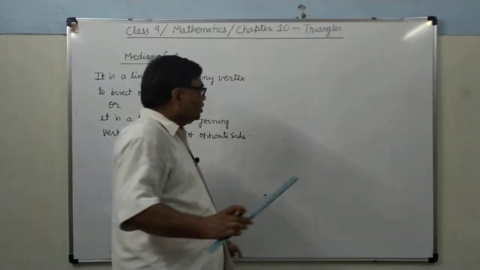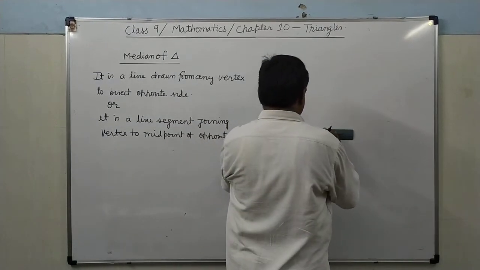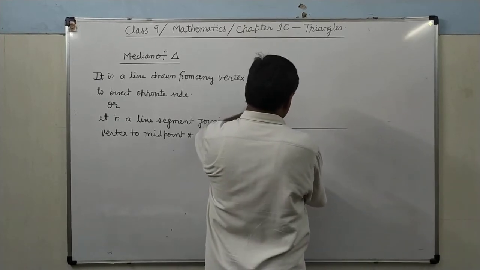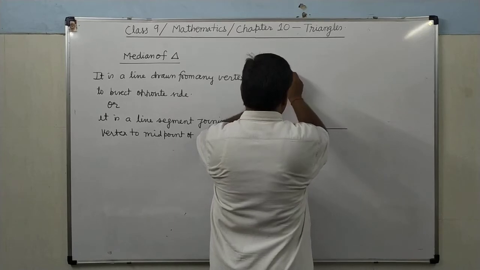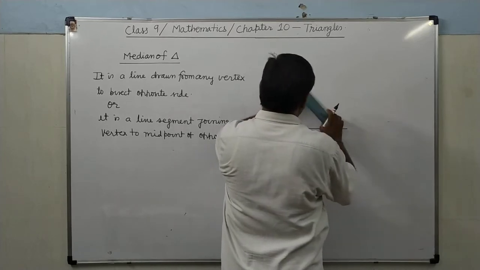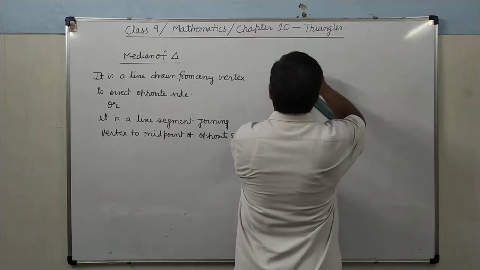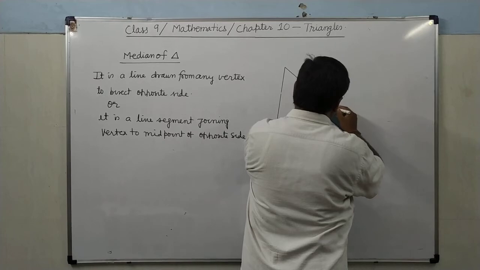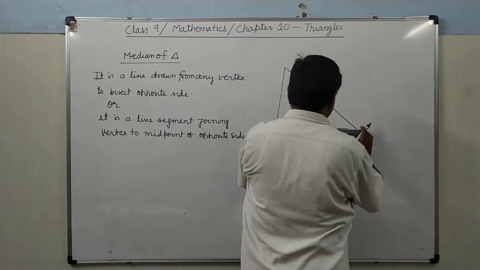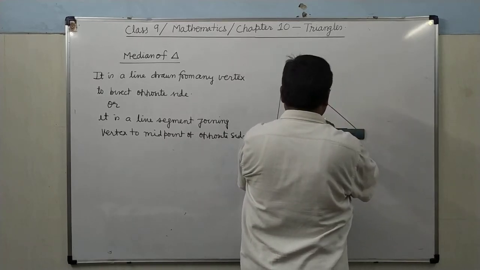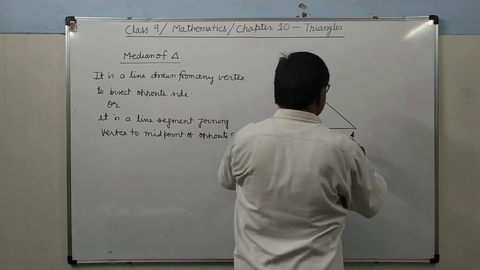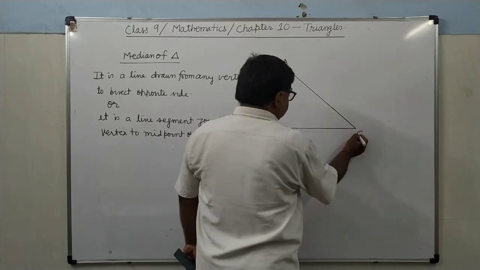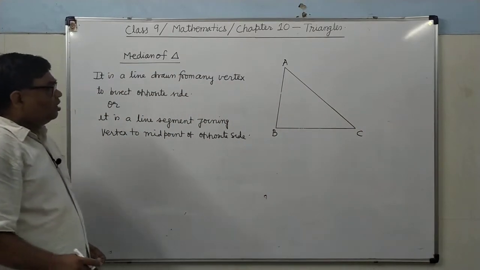You can see here, I am making some arbitrary triangle. This is triangle ABC. Now all of you see here, what is the median?